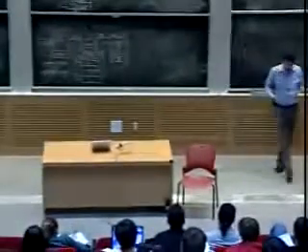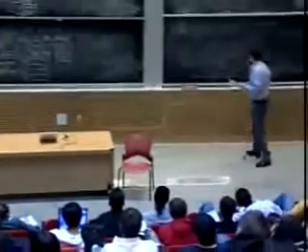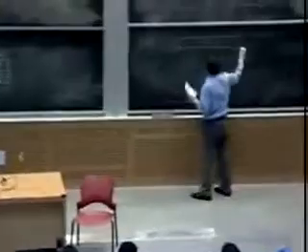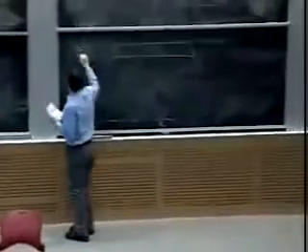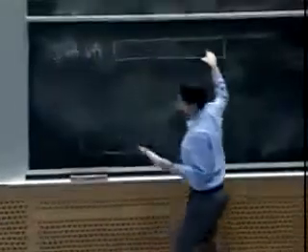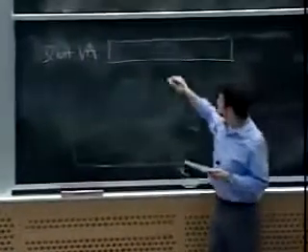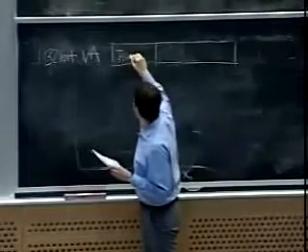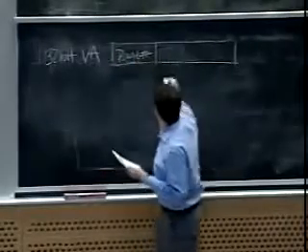The idea is very simple, and you saw it in 6004. We take this 32-bit virtual address and split it up into two pieces, a page number and an offset.